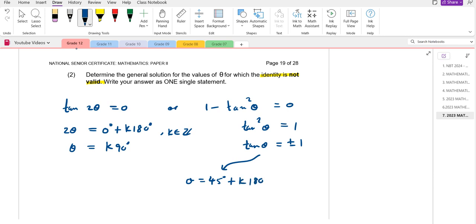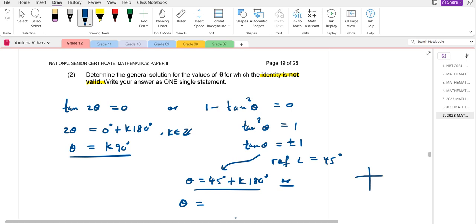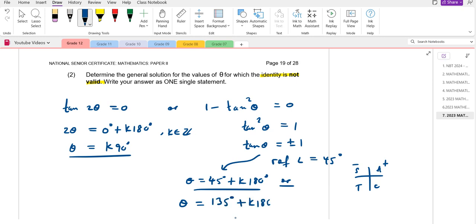How many answers do we have so far? 1, 2. Or when is tan negative, in the second quadrant, and the reference angle is 45 degrees. So 180 minus 45, because tan is positive here and negative there, is 135 degrees plus k180. So I've got 3 answers.